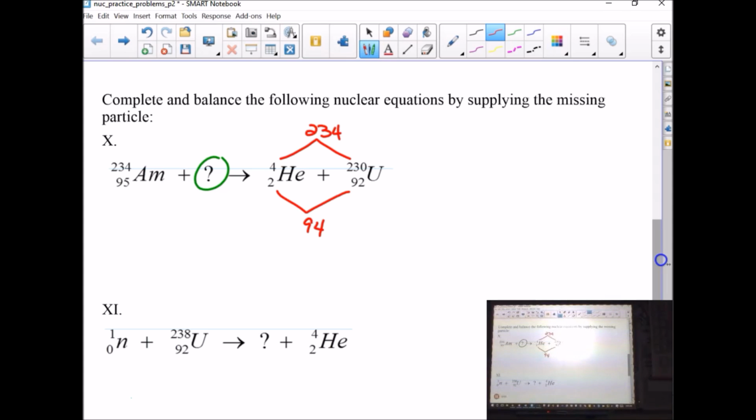A -1, good. And what has to be on top? 0. So what is that particle? An electron or a beta particle. So the question mark is the beta particle or an electron. And again, make sure that when you have it done, 95 minus 1 equals 94, 234 plus 0 equals 234.